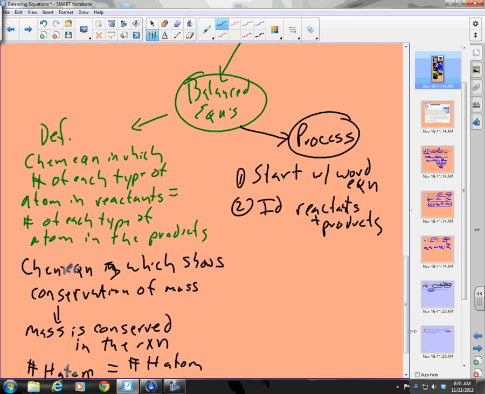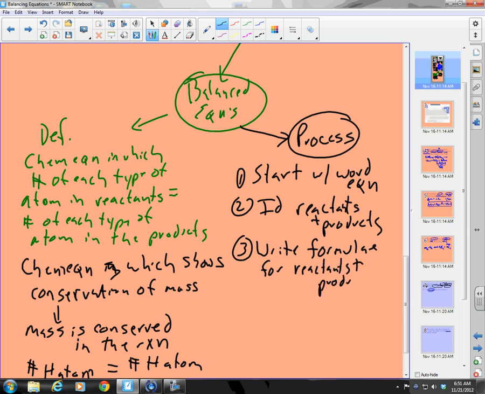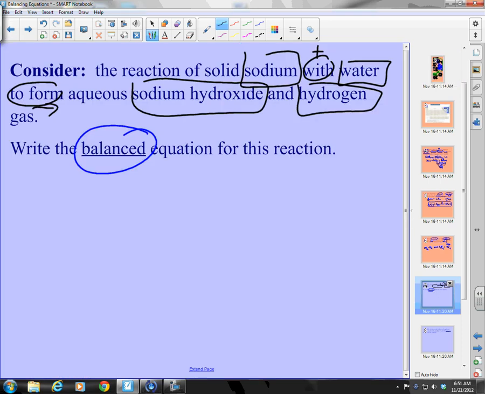Now I want to write my formulae for reactants and products. And we've done that so far. We did that in our last lecture. Sodium, how do I write sodium? It's solid.